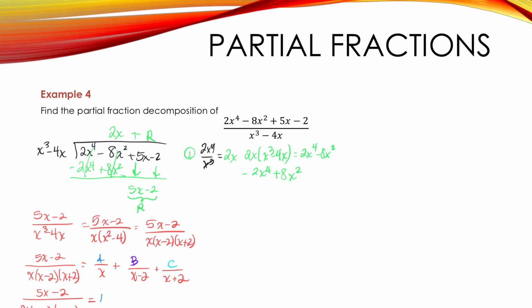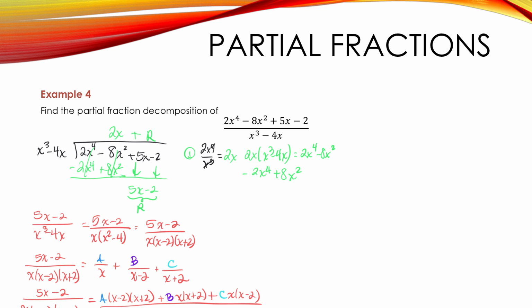So we're just going to have A, and it's going to be multiplied by x minus 2 and x plus 2. And then we'll have B, which has the x minus 2, but it doesn't have the x or the x plus 2. And then finally we'll have C, and it has x plus 2, but it does not have x and x minus 2.